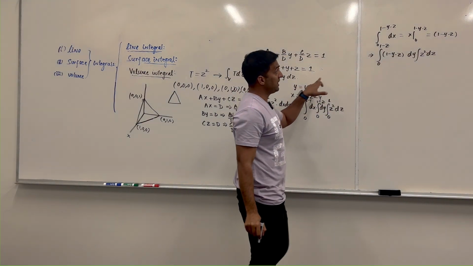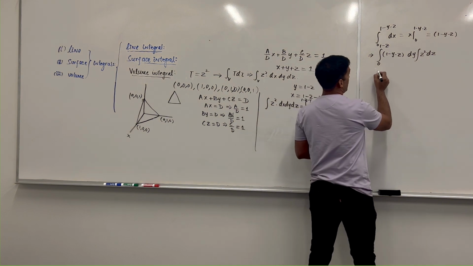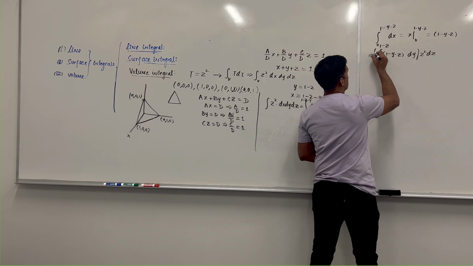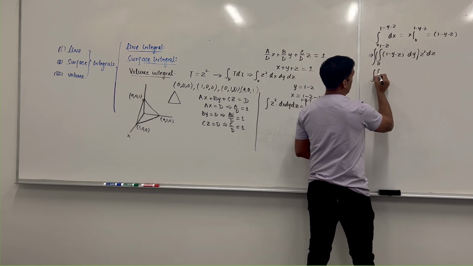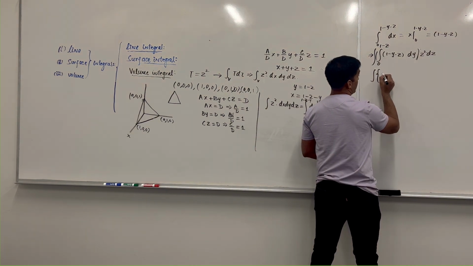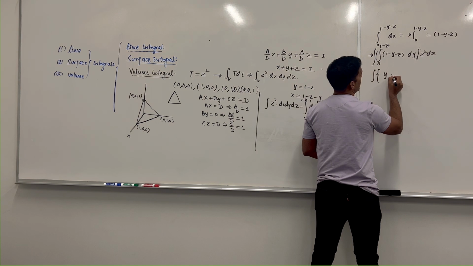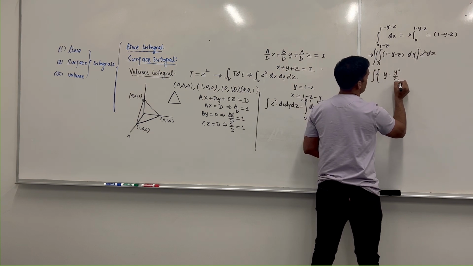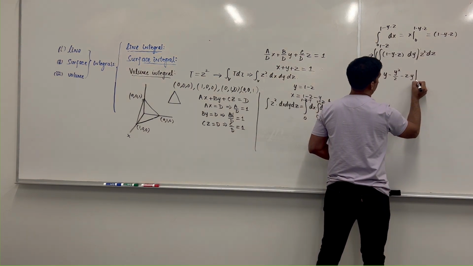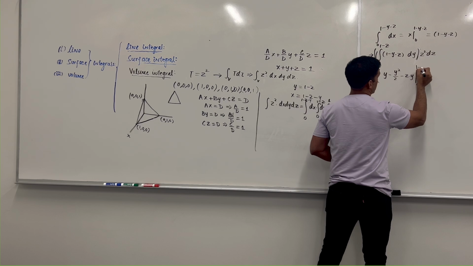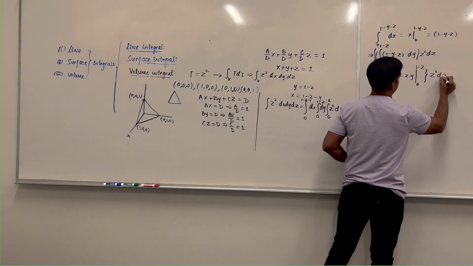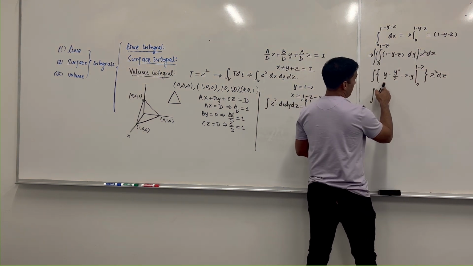And y was from 0 to 1 minus z. Now you solve the y integral, keeping the z integral intact. For the y integral, this will give us y minus y²/2 minus z y, where z is constant, and this entire expression is evaluated from 0 to 1 minus z, then z² dz.